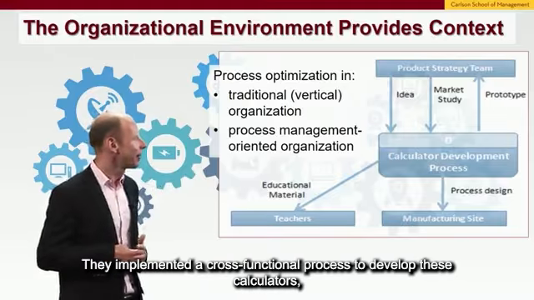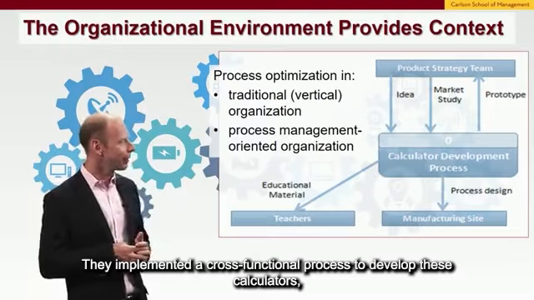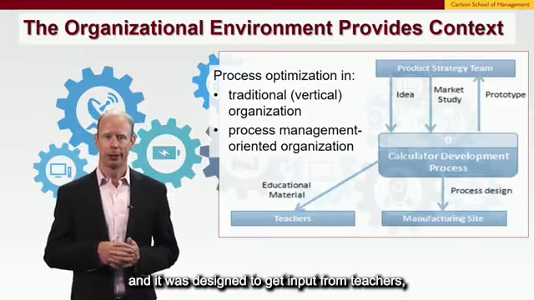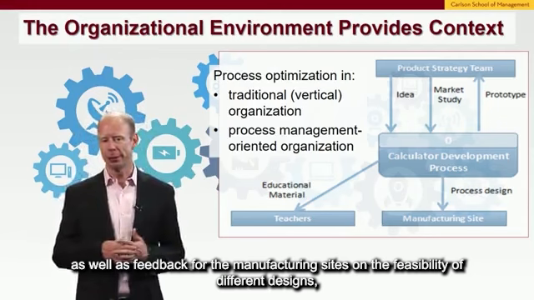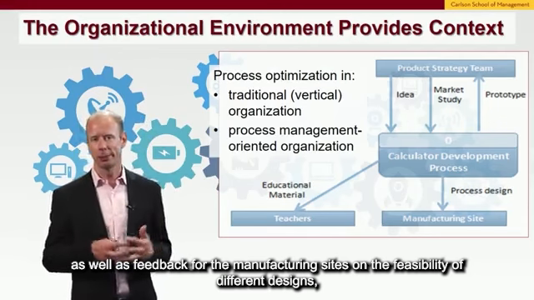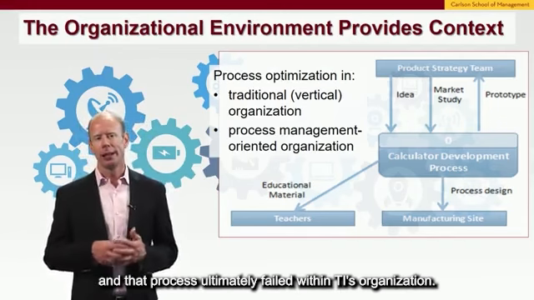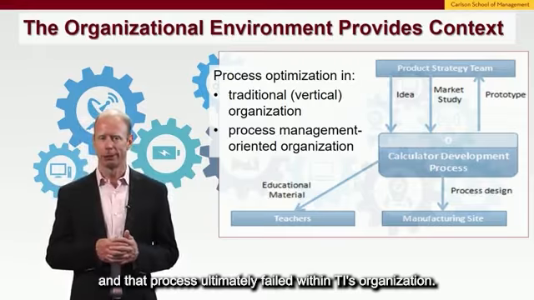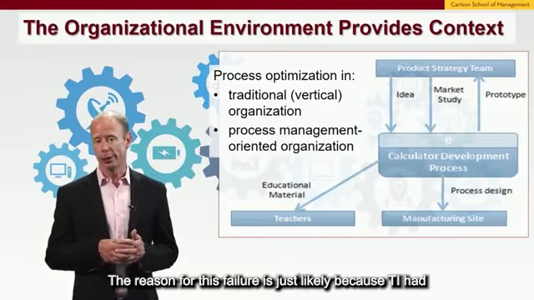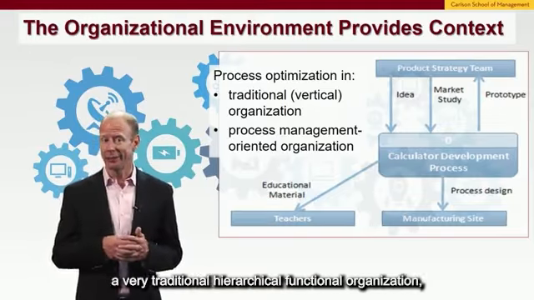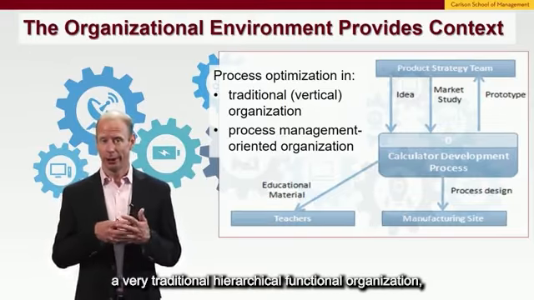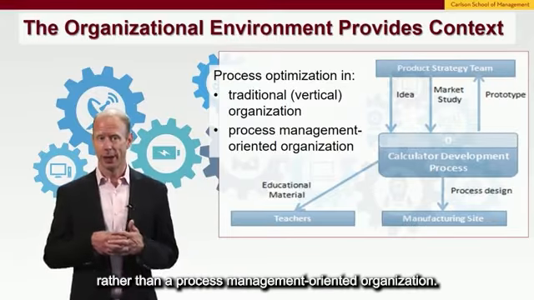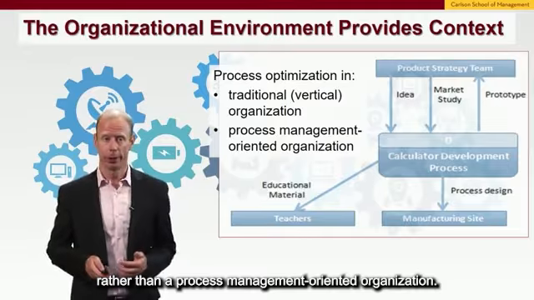They implemented a cross-functional process to develop these calculators, and it was designed to get input from teachers as well as feedback from the manufacturing sites on the feasibility of different designs. And that process ultimately failed within TI's organization. The reason for this failure is likely because TI had a very traditional hierarchical functional organization rather than a process management oriented organization.